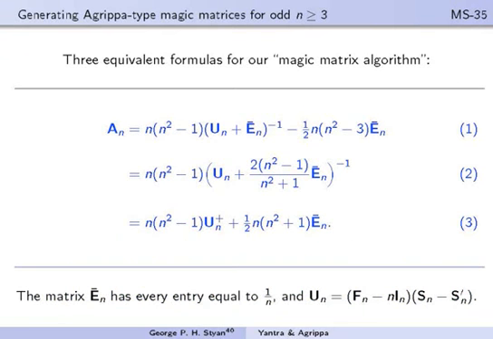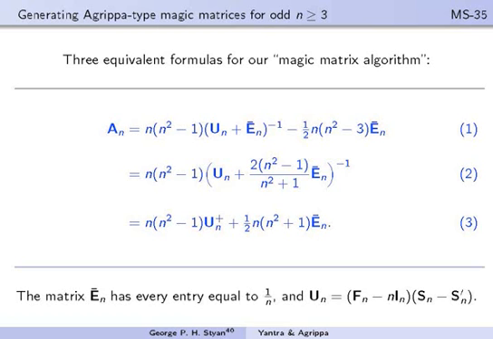We now have 3 equivalent formulas for our magic matrix algorithm. Formula 1 takes the matrix U_n from the previous slide and adds 1 over n to every element and then inverts. In Formula 2, we take the matrix U_n and add a quantity to every element. That's a bit more complicated, and then invert.